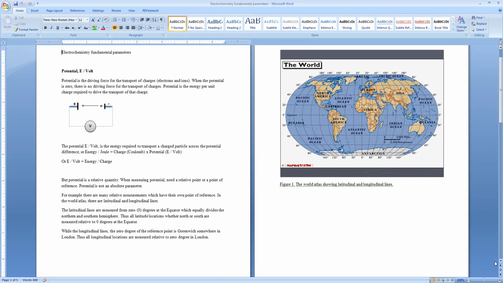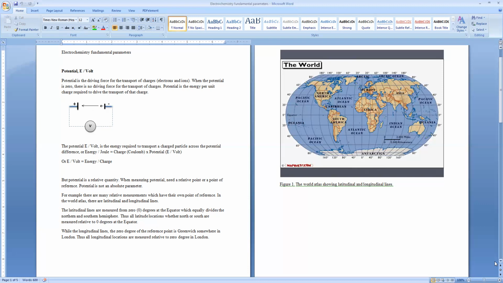The latitude lines divide the earth into northern and southern hemispheres in equal parts, so the middle is the equator. The equator is 0, so anything north of the equator is mentioned as degrees north, like 10 degrees north or 40 degrees north, and so on.